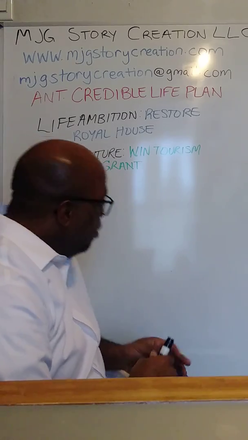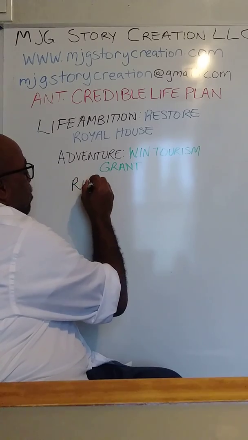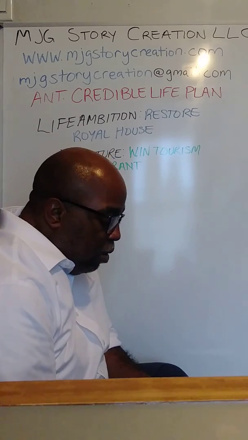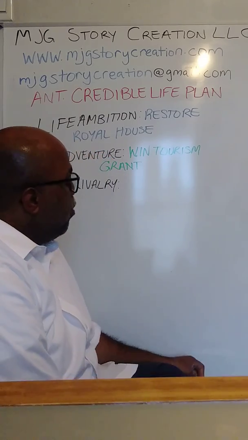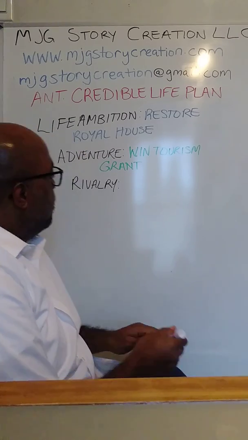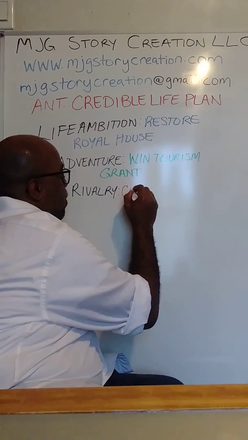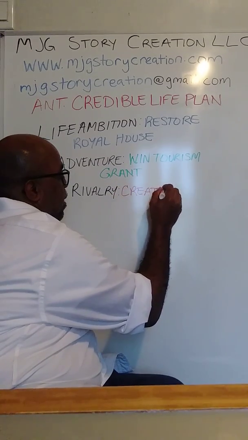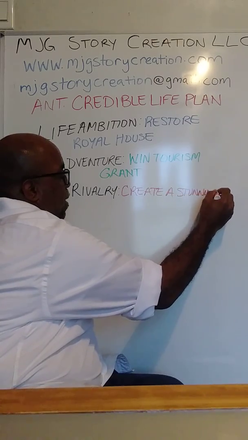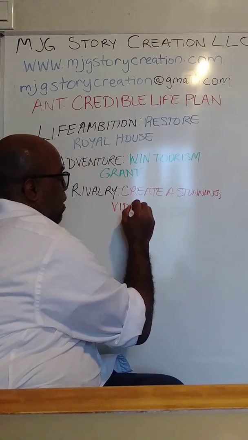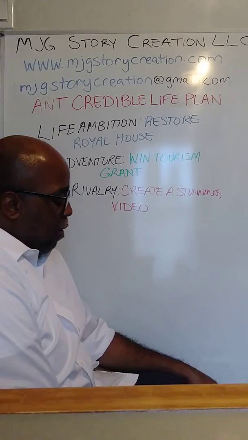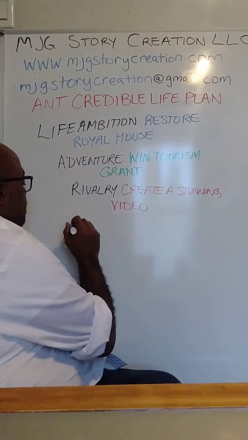Next is rivalry. So in order to win the grant, she needs to create a stunning video. Okay? Next scheme.